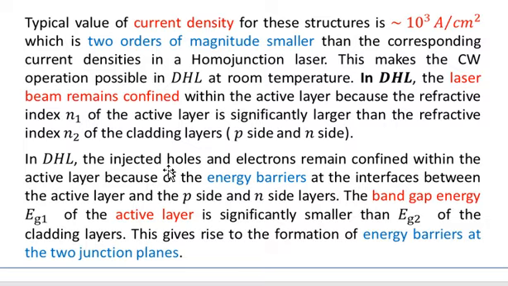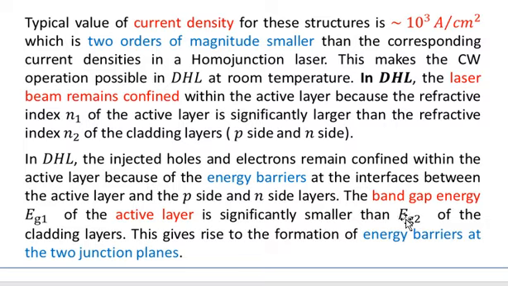In DHL, the injected holes and electrons remain confined within the active layer because of the energy barriers at the interfaces between the active layer and the P side and the N side layers. So you see that an energy barrier is established at the interface of the active medium layer and the P side, and the active medium layer and the N side materials. The band gap energy Eg1 of the active layer is significantly smaller than Eg2, the band gap energy of the cladding layers.